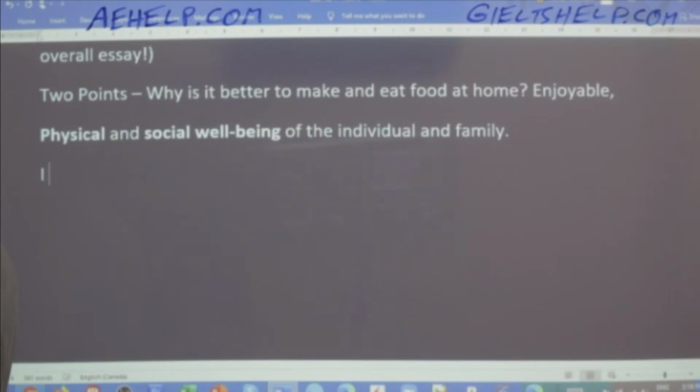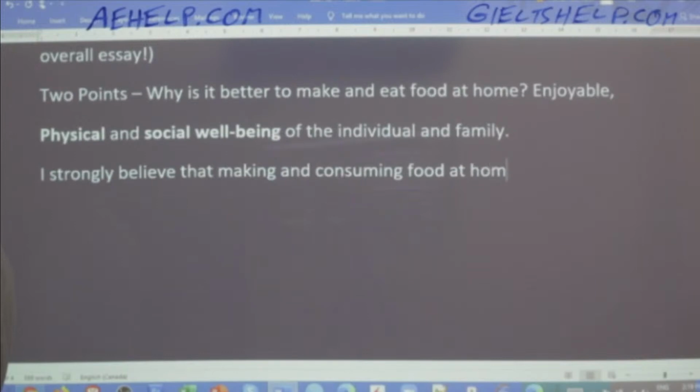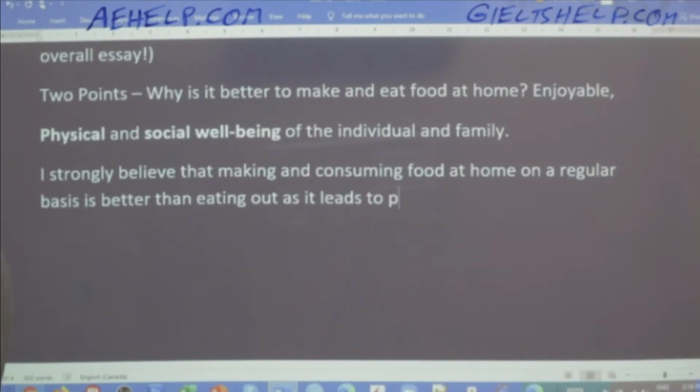Okay, so I strongly believe that making and consuming food at home on a regular basis is better than eating out, as it leads to physical and social well-being of the person.